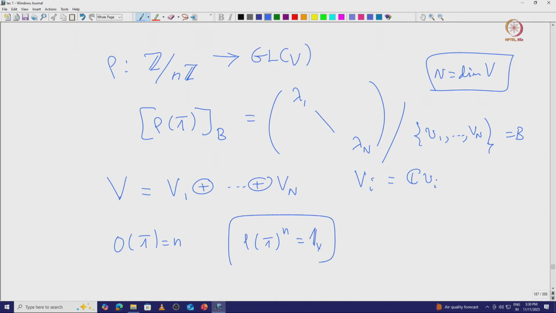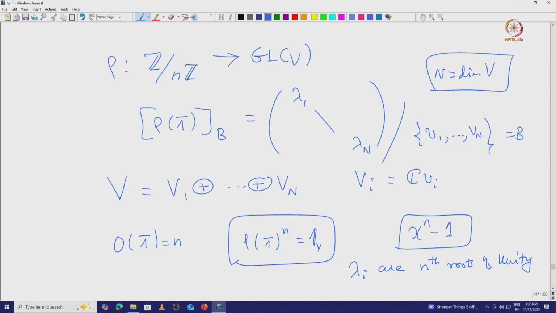So, that means the minimal polynomial of our matrix rho of 1 bar must divide this polynomial x^n minus 1. So, that means all these lambda_1 etcetera lambda_n are nth roots of unity. So, all these lambda_i's are nth roots of unity.